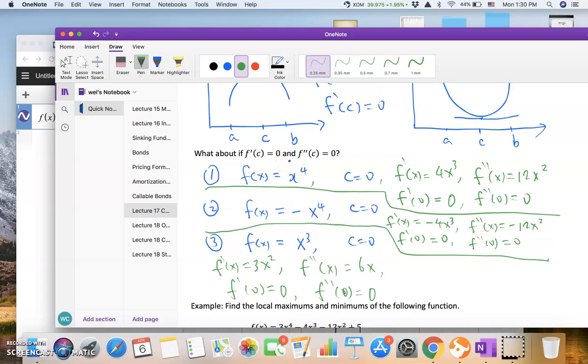Now, in this case, what can we do? If the second derivative can't tell us any information, we need to go back to use the first derivative test.